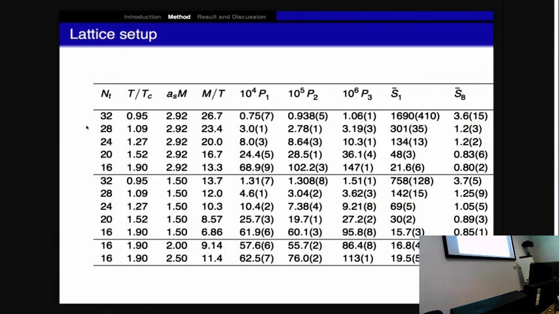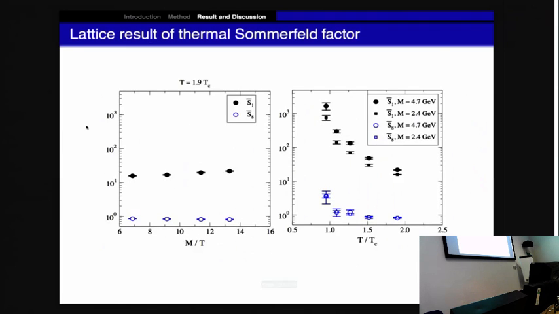And this is the result of the computations, for different temperatures and different quark masses, and for the highest temperatures, we also ran additional masses.